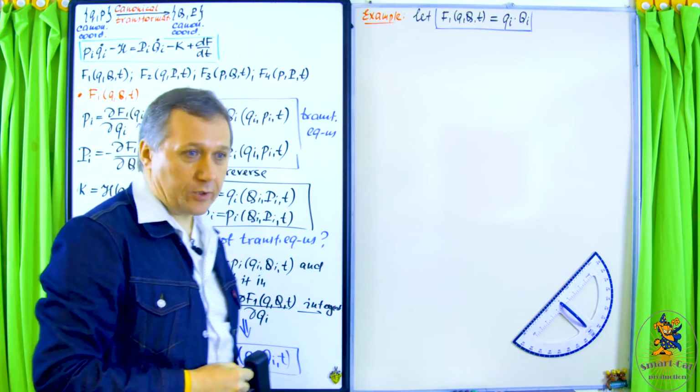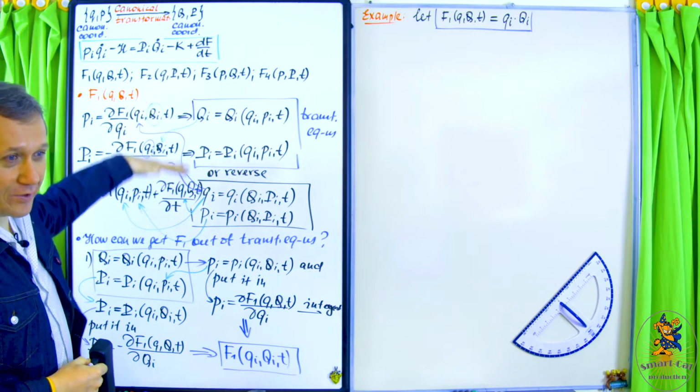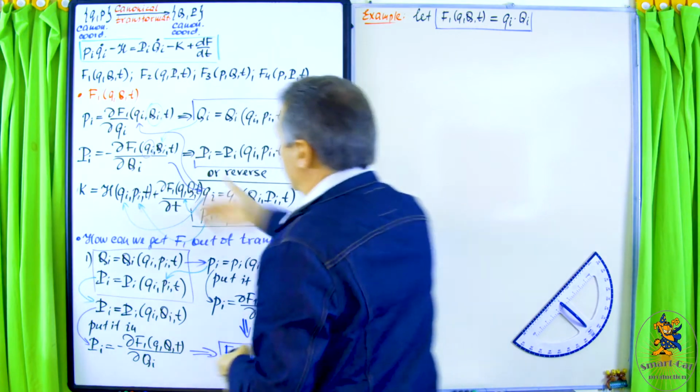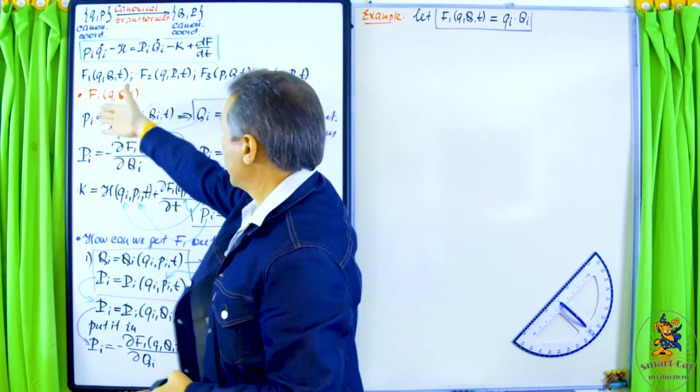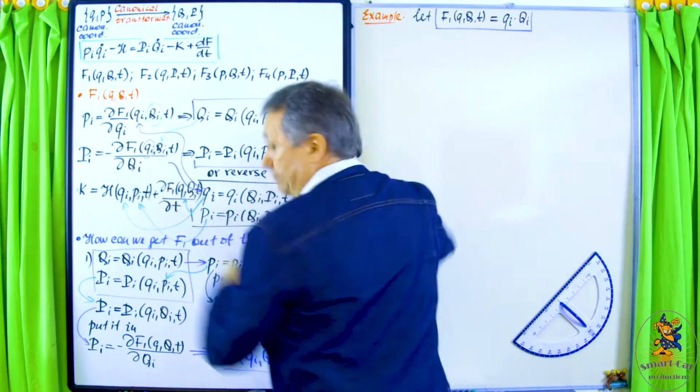So let's get the transformation equations, because basically it's this procedure. Of course, in this case, it's trivial. So we just need to drag this generating function through our equations.